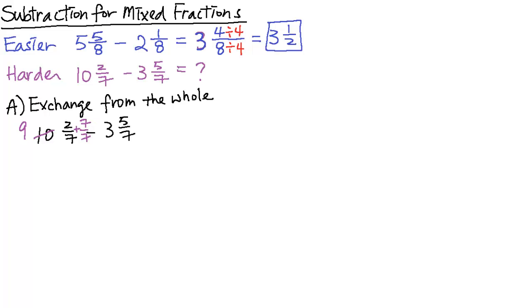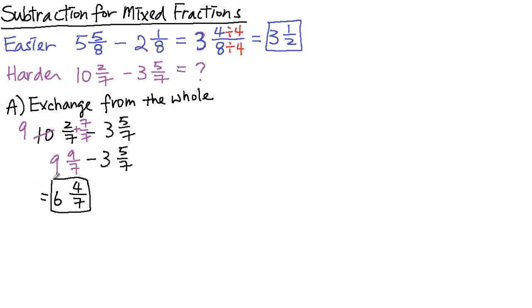So after we combine these two numbers, we have 9 and 9/7 subtracting 3 and 5/7. So 9 minus 3 is 6, and when you have the same denominator, you just subtract the top, which gives me 4, and that's your final answer.